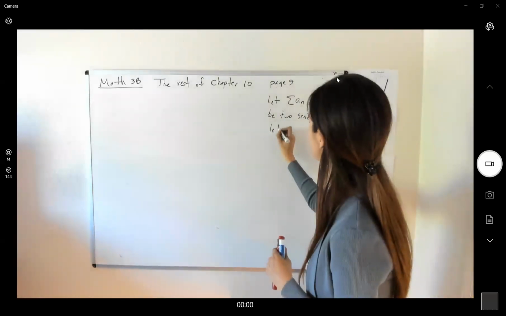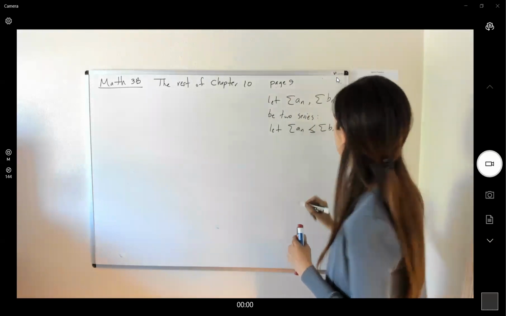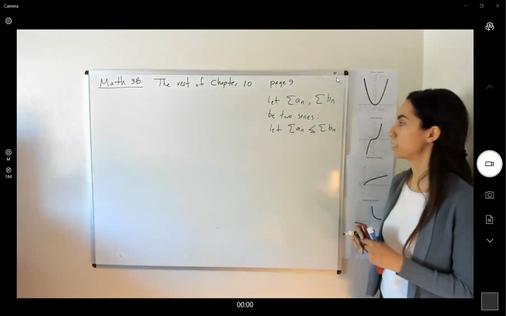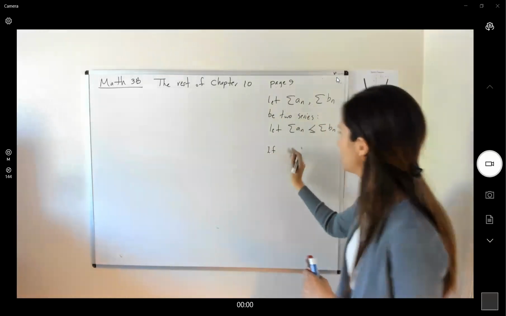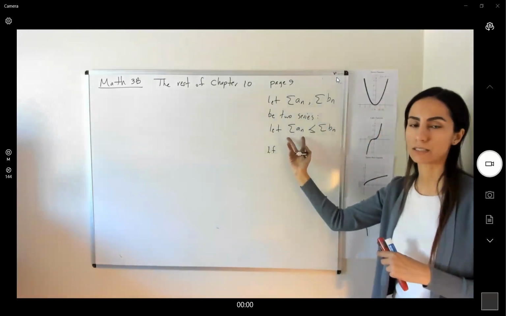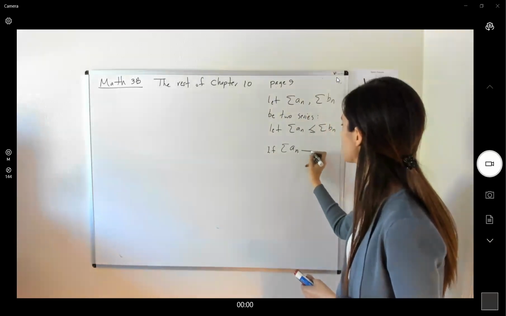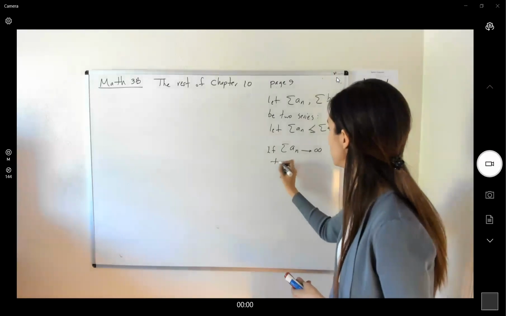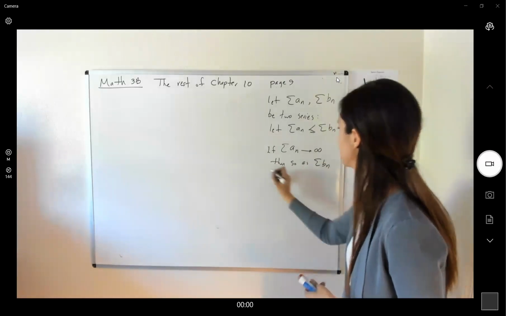Suppose a_n is less than the second series b_n. We have two cases. If the smaller series is divergent, if this series goes to infinity, then so is b_n.